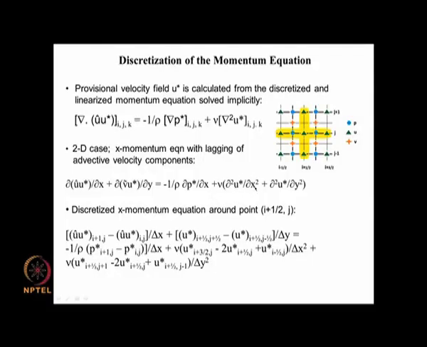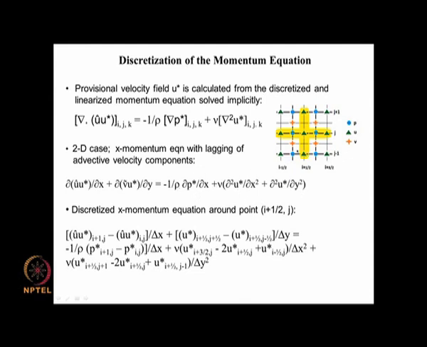So, the diffusion terms here, dou square u by dou x square, are being done using the central method. We take this value minus 2 this value plus this value divided by delta x square, and this one is evaluated as this value minus 2 this value plus this value divided by delta y square. So, that is being done here.